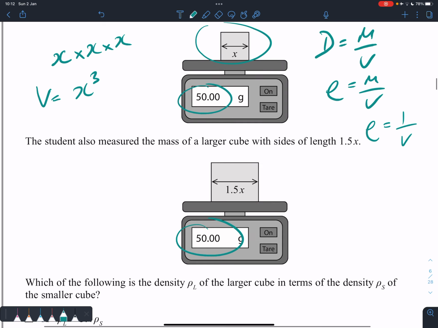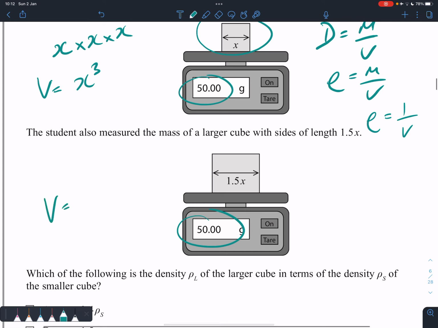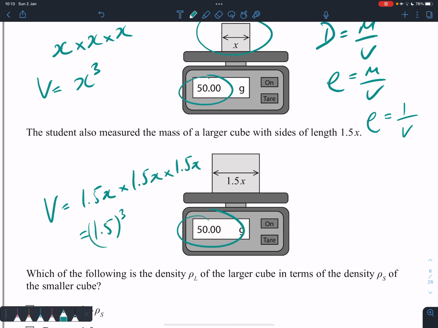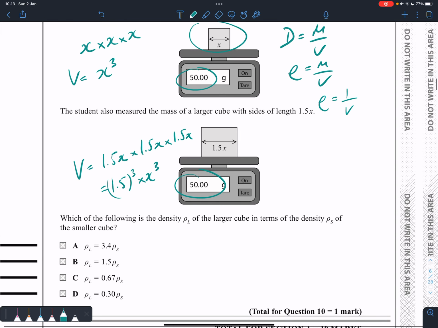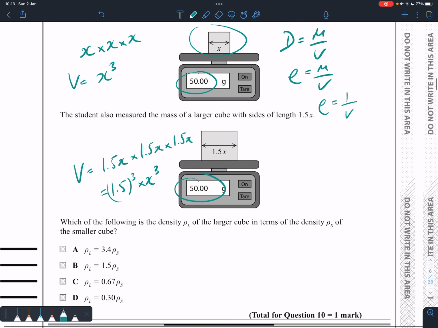And for this one, the volume is 1.5x times 1.5x times 1.5x, or 1.5 cubed times x cubed. So you've got to work out the difference between these two and then do that as a calculation and see which one it comes out at.